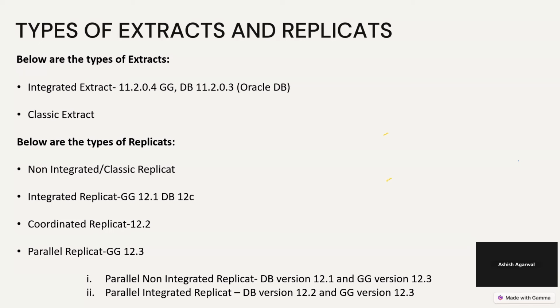You have two types of extracts available. One is integrated extract and second is classic extract. When GoldenGate was introduced, there was only one type of extract, called classic extract. Then from GoldenGate version 11.2.4 onwards, GoldenGate introduced the concept of integrated extract, with database 11.2.3.